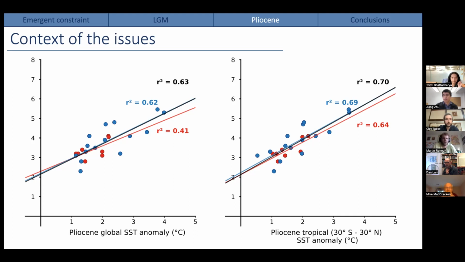I'm not even sure they are proxies for humidity. Yeah, I was just going to say, we have quantitative temperature reconstructions, but humidity is a kind of wild card with our currently available approaches. Yeah. Well, the models provide at least some indication of that, though. Absolutely, yeah.